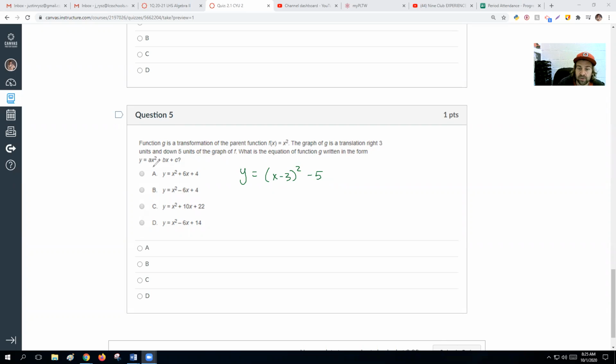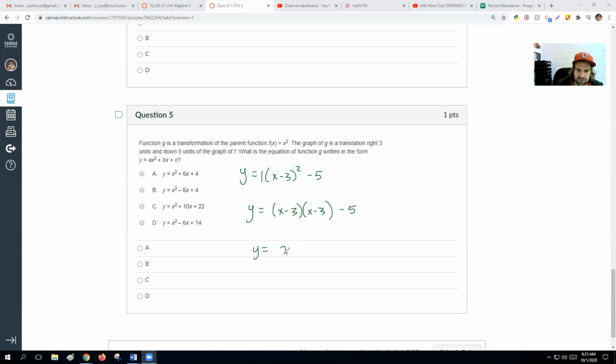Now what we need to do is put this in generic form. If you want to think there is a 1 here, it really doesn't matter. What we need to do is square that term. So let's write out the x minus 3 twice. We'll leave the 1 on the outside alone, which isn't going to change anything. And we'll leave the minus 5 alone, which won't affect anything till the very end. So let's distribute these x's here.